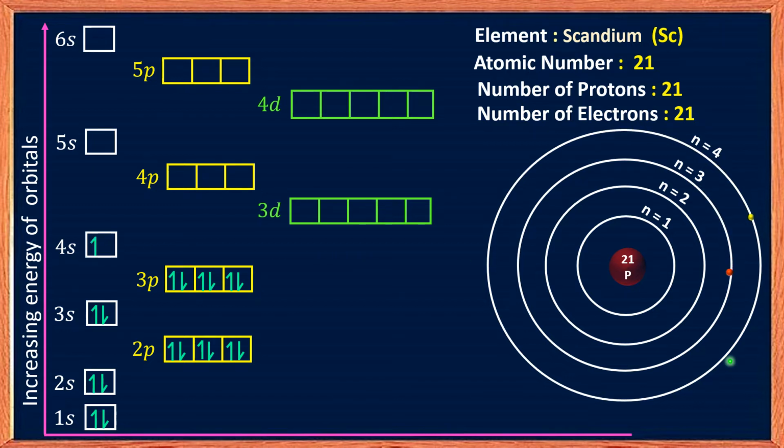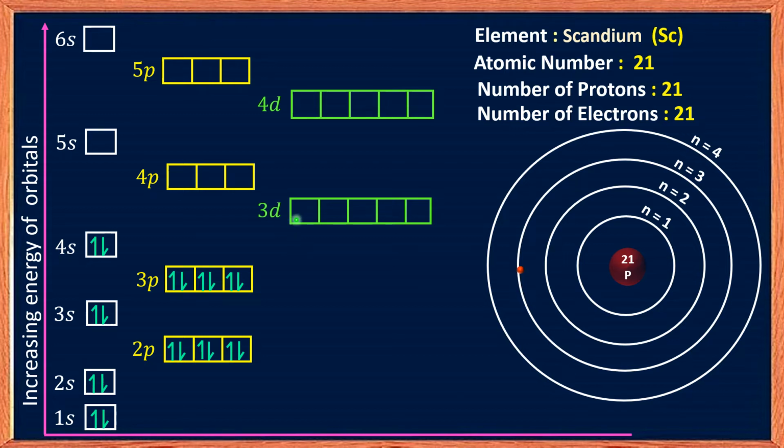The 19th electron occupies the 4s orbital, and the 20th electron pairs up with this electron. This is the 21st electron, the differentiating electron, which enters a 3d orbital.